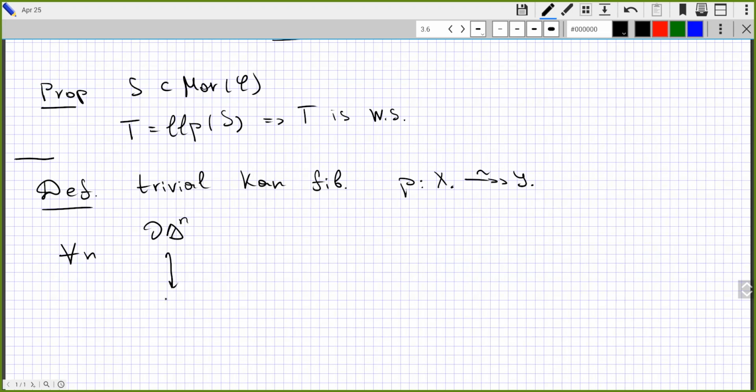You got a boundary of any simplex. If it maps like this, and this is a trivial configuration precisely if it admits a lift.